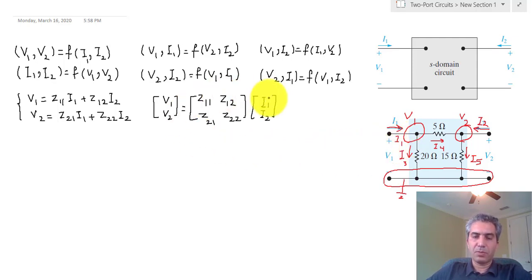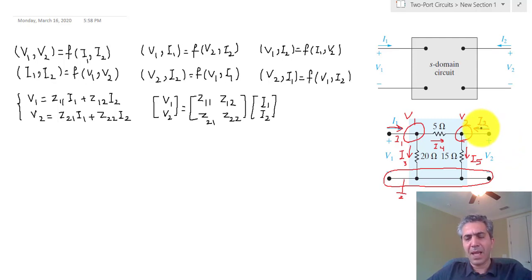To develop these relationships, we consider these to be connected for the most general case, and then once we develop that most general case, you can always go back and assume that one or any of these is equal to 0. For example, you can assume that this port is not connected to something, at which point immediately I2 is going to go to 0.